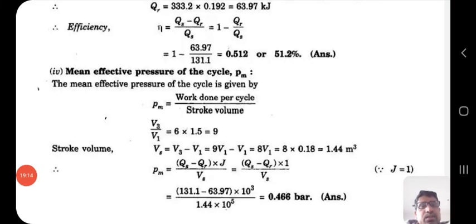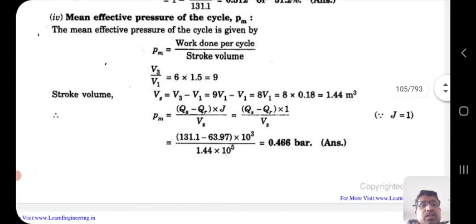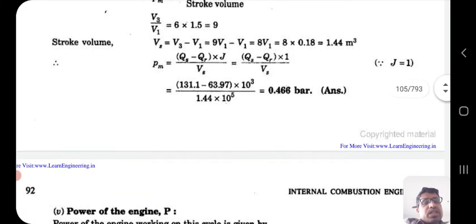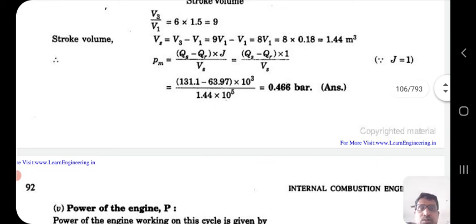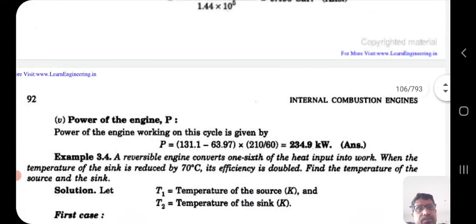Mean effective pressure of the cycle: V3 by V1 is equal to 6 into 1.5 equal to 9. So swept volume Vs is equal to V3 minus V1, 9 V1 minus V1, that is equal to 8 V1, equal to 8 into 0.18 into 1.44. So PM is equal to 0.466 bar.